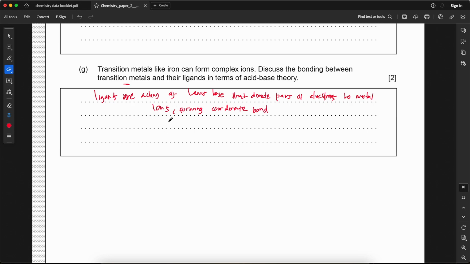So metal ion is a Lewis acid because it accepts a pair of electrons, but ligands act as a Lewis base because it has a pair of electrons that it will donate to the metal ions.